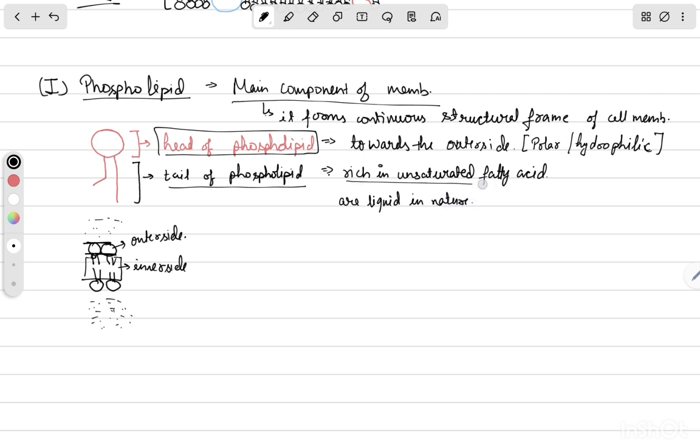So unsaturated means the carbon components have double bonds or triple bonds, right? So this lipid is hydrophobic. For a hydrophobic molecule we also use the term non polar. If any chemical or any component is hydrophobic, it cannot be in contact with water, so that component should be towards the inner side of the membrane, right? If it is hydrophilic, that means it can be in contact with water. So always remember the head is towards the outer side and the tail is toward the inner side of the bilayer.